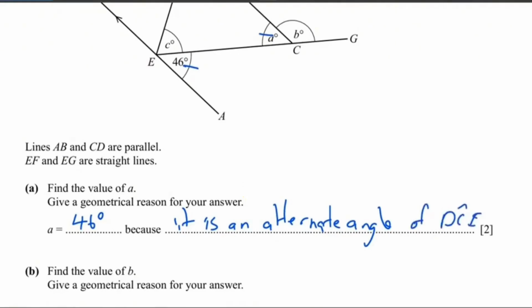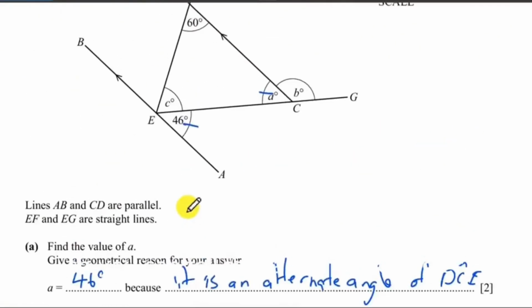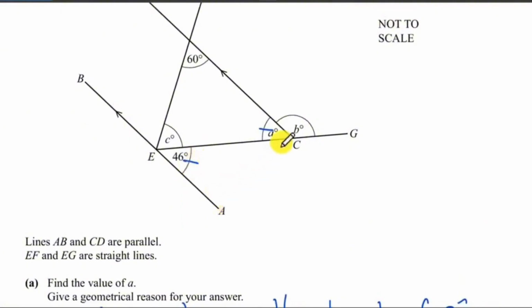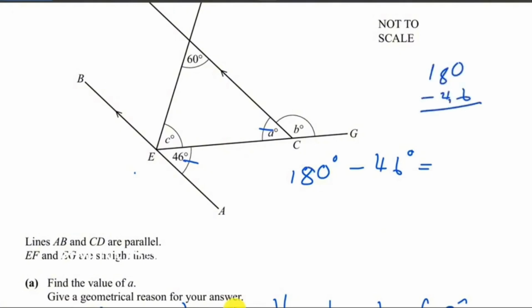Find the value of B and give a reason for it. So you can tell that A and B are angles in a straight line here. We know that a straight line is 180 degrees. So 180 minus 46, let's do some calculations. 180 minus 46, 10 minus 6 gives us a 4, 8 minus 5 gives us a 3, and 1 minus 0 gives us 1.